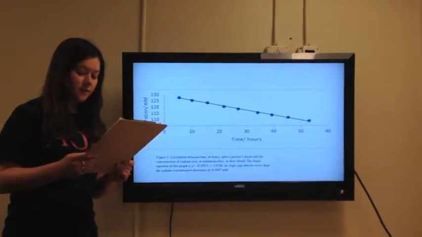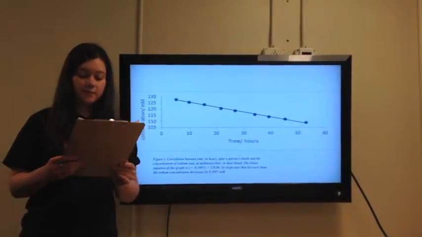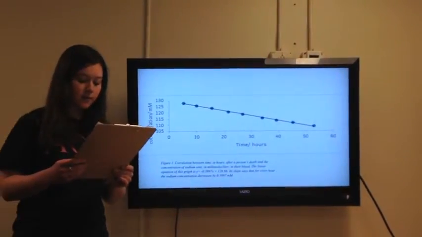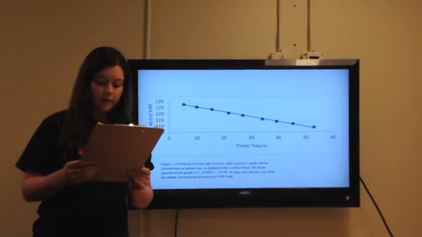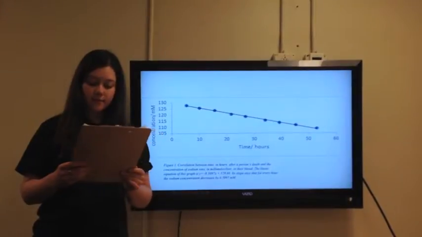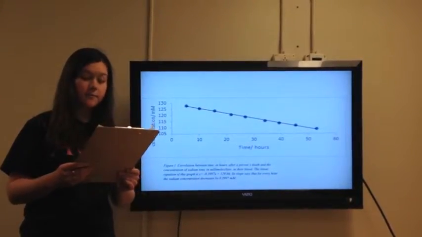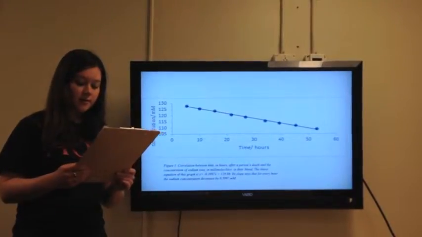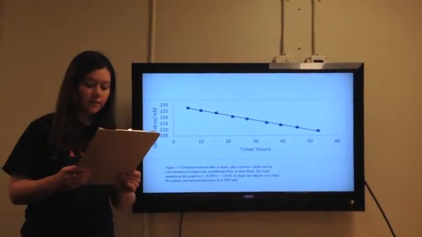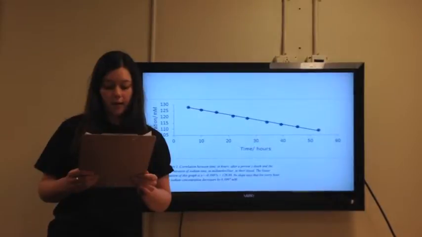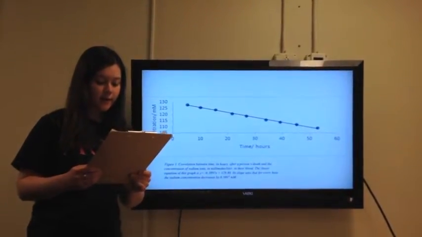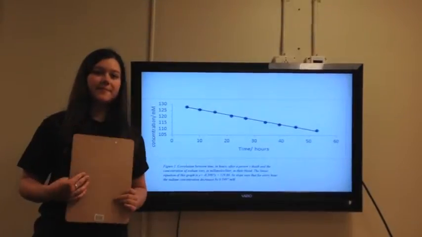By determining the linear equation of the dataset, we were able to extrapolate the sodium concentration at time 0 and the rate constant. The linear equation, y equals mx plus b, is drawn from the integrated rate law for a zero-order reaction. The order of our reaction for the sodium ions was given as zero order with the data. The initial concentration was given by the y-intercept, and the rate constant, k, was given by the slope.